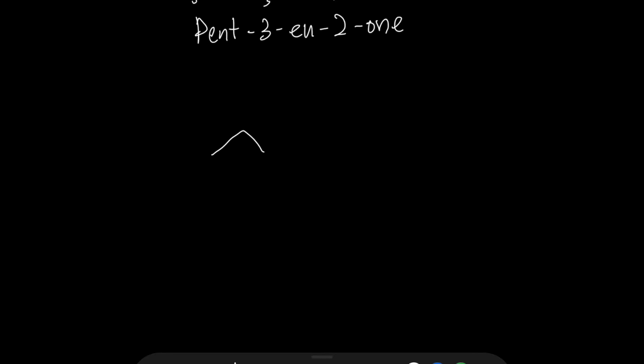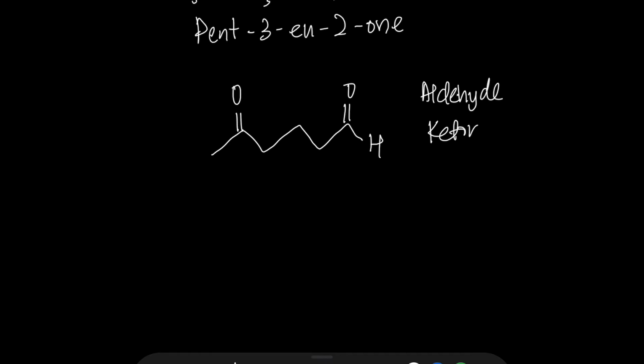The next example. Now we have aldehyde and ketone. Okay, now we have both aldehyde and ketone in the same molecule. So for this we have to name this compound as aldehyde because aldehyde has higher priority in naming compared to ketone.